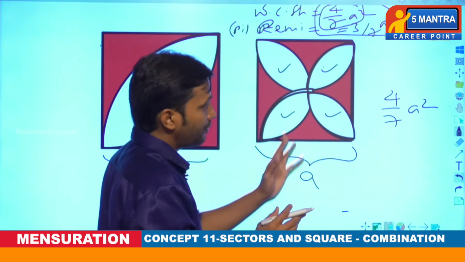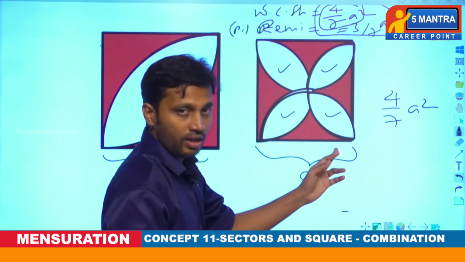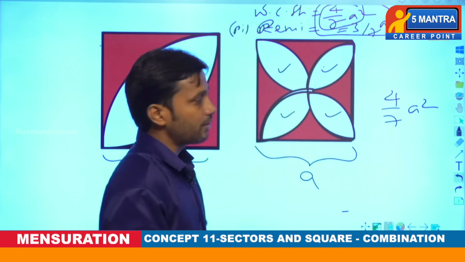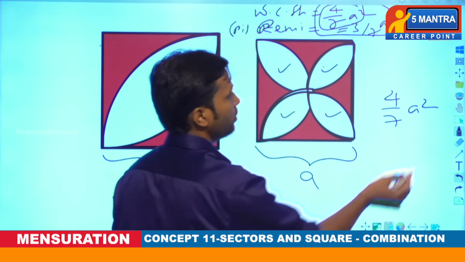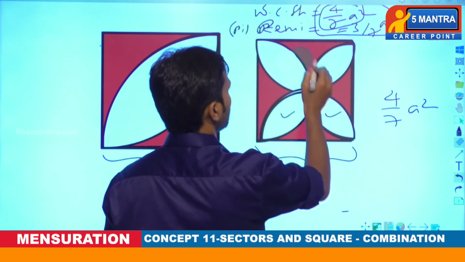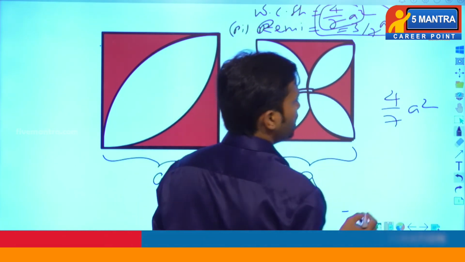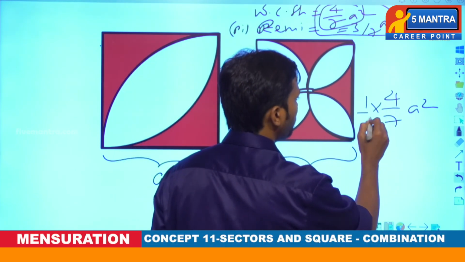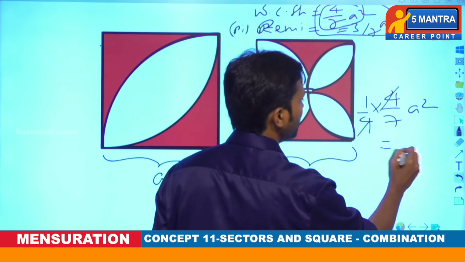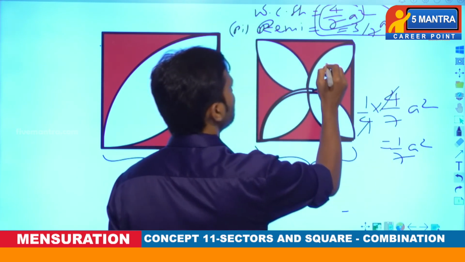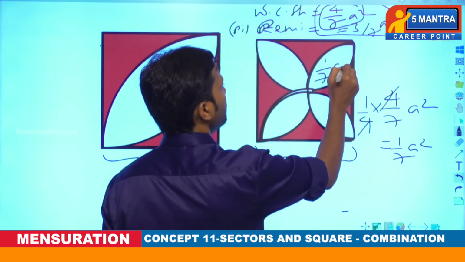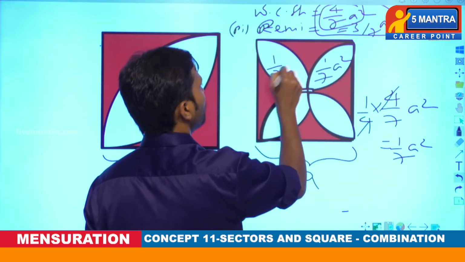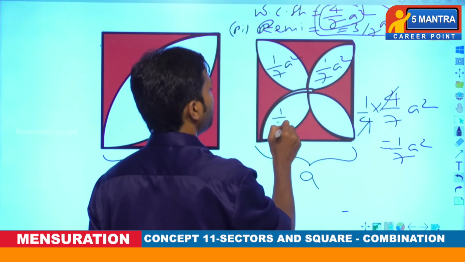Then if it is equally distributed among all, each petal area would be 1 by 4th of that. So let us write this. Each petal area would be 1 by 4 times 4 by 7. That means 1 by 7 A square. That means each petal carries 1 by 7 A square, 1 by 7 A square and 1 by 7 A square.